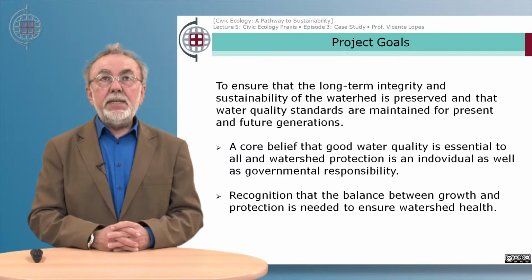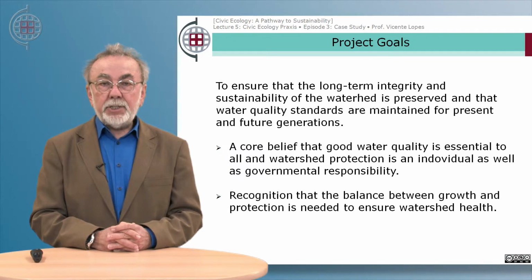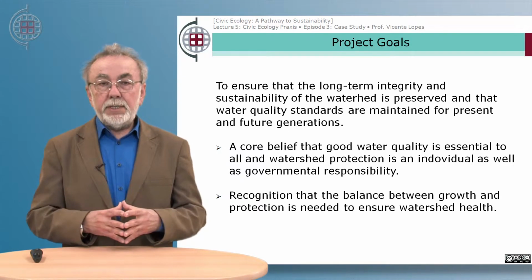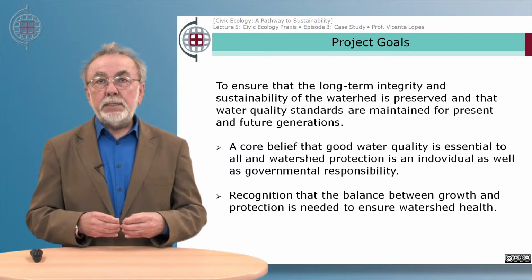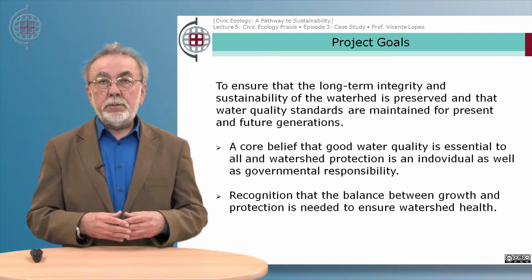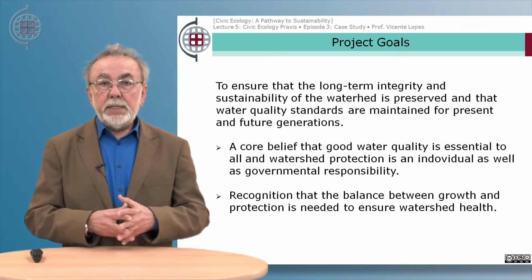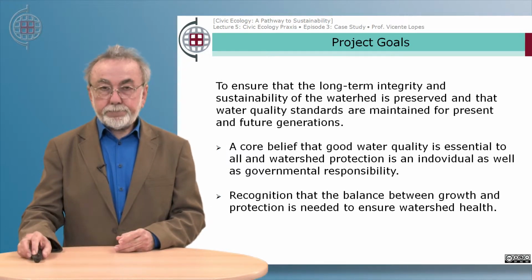So as you can see, this is a context very favorable for civic ecology action because there is a consensus, or at least most of the stakeholders believe in the individual as well as governmental responsibility in maintaining watershed health and water quality. There was also, among the stakeholders in Cypress Creek, a recognition that a balance between growth and protection is needed to ensure watershed health.